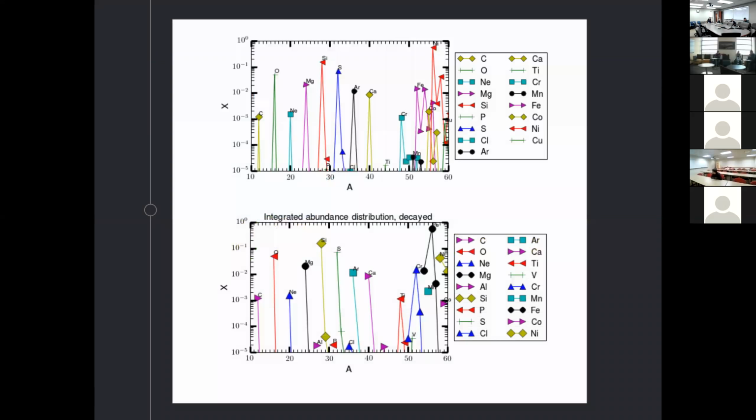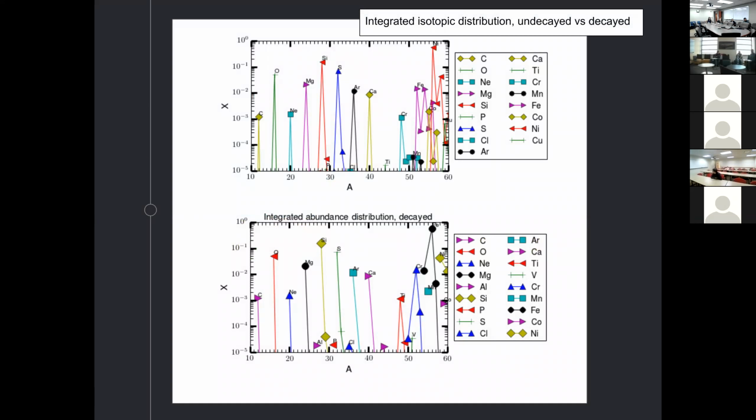Excellent. These are integrated isotopic distributions. In the top panel, we have the undecayed abundances, and in the bottom panel, we have the decayed abundances. You can see that it goes from carbon all the way up to cobalt there, just at the edge. And what is particularly interesting to my mind here is the split between the lower mass and the iron group elements.